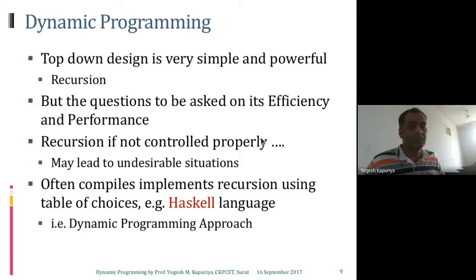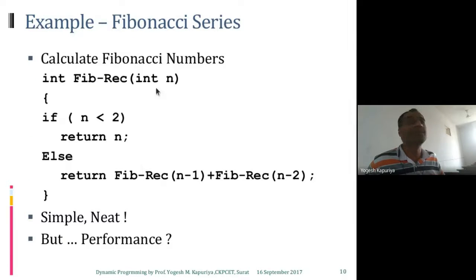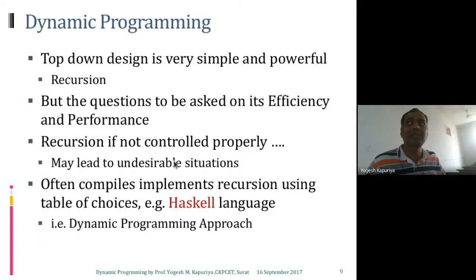So I think this we have discussed. The top-down approach is quite simple because if you see this algorithm, writing the algorithm for Fibonacci recursion is very simple. You have to simply find out the equation and the base condition. That's it. But the time complexity is the concern. That is what we have discussed.